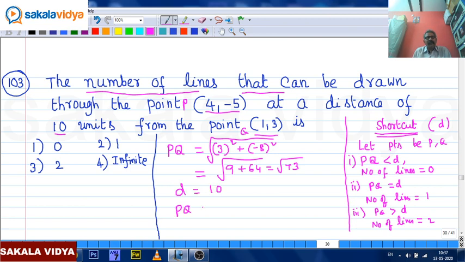So PQ is less than d, which means the number of lines is 0. So the first option is the right option. Because PQ squared is 73, d squared is 100, PQ squared is less than d squared, so PQ is less than d. So the number of lines is 0.